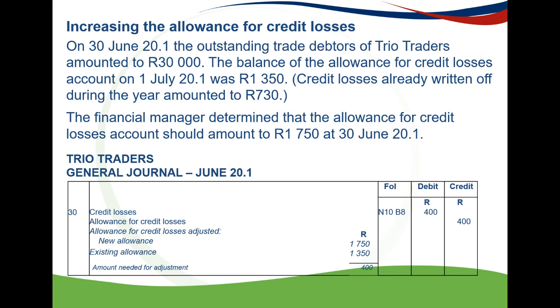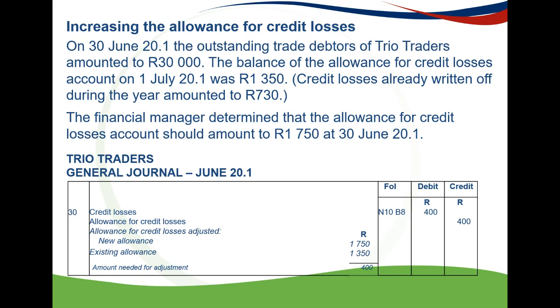So to bring that adjustment into our books, we need to do the following general journal, not general ledger, but general journal entry. First we debit our credit losses with 400 rand, because the difference between the 1,750 and the 1,350 is 400.